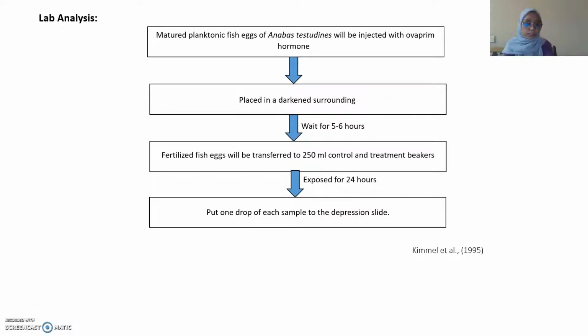All this methodology was taken from the journal of Kimmel et al., 1995. Also, I would like to add why we use the fish tank with an air pump: the air pump helps the aeration and also helps to remove the chlorine as well.